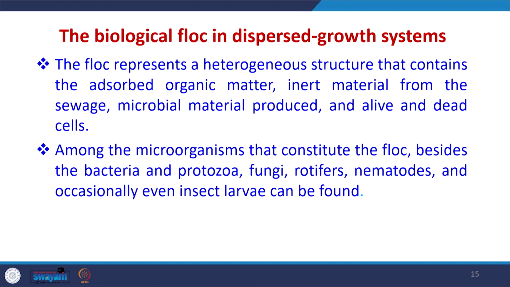Among the microorganisms that constitute the flock, besides the bacteria and protozoa, fungi, rotifers, nematodes, and occasionally even insect larvae can also be present. So, we have different microorganisms which may be present in the biological flock inside the dispersed growth systems.